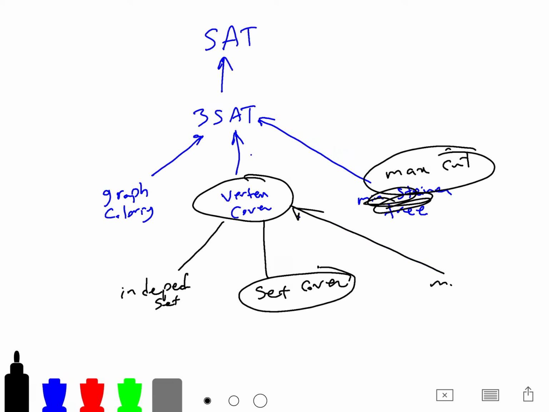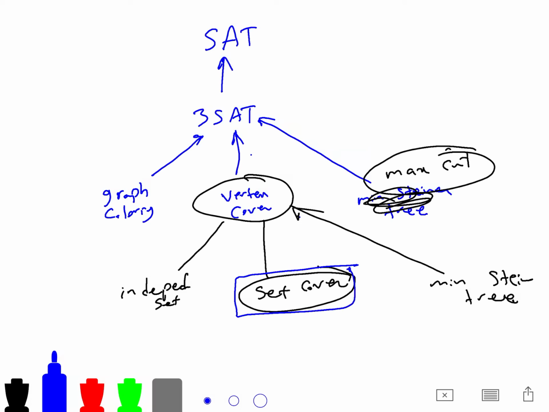Also, the min Steiner tree. So we are interested in set cover for many reasons. Because of my own concern, I've written a list of problems that really occur, such as min cut, max cut, which is a dual of min sum k-clustering for k equal to 2.